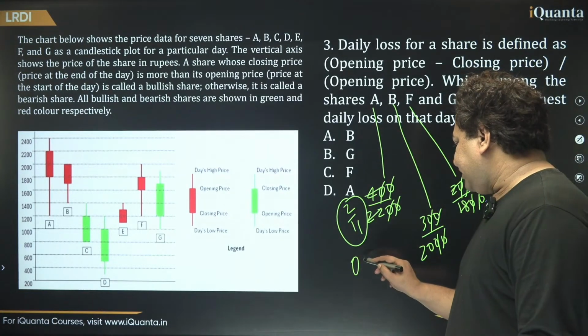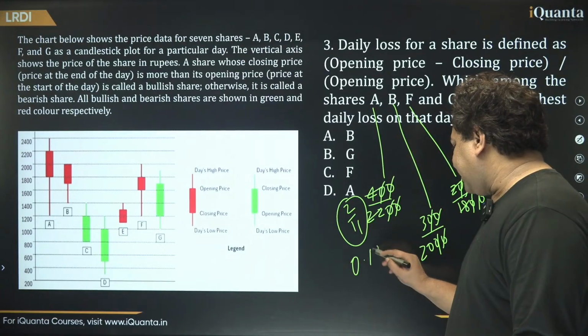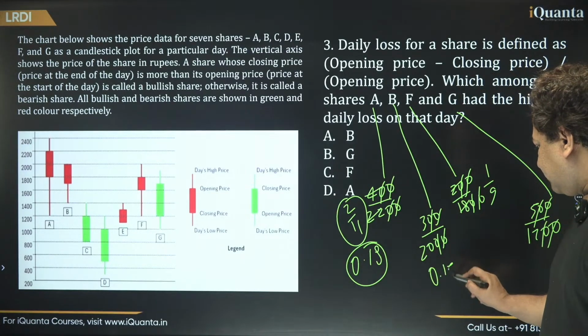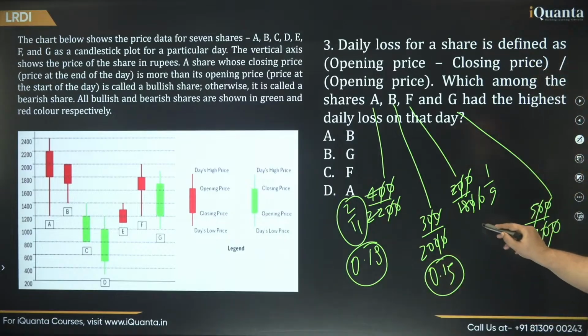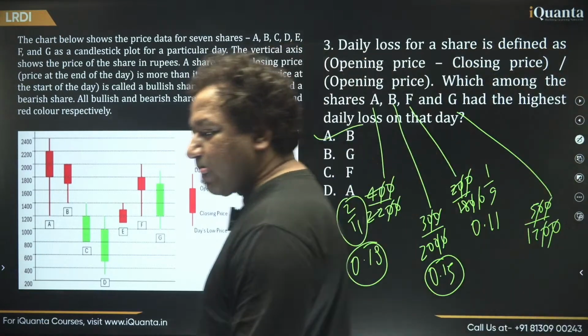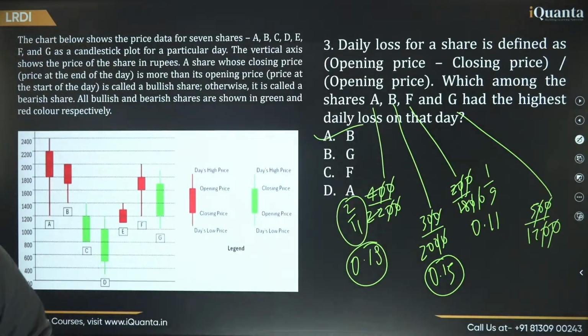I'll get 0.18 here. 3 by 20 is how much? 0.15. 1 by 9 is 0.11. 5 by 17, ये तो काफ़ी छोटा है. Highest पूछ रहा है वो. Highest daily loss. It's B.